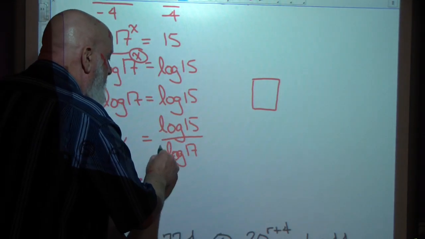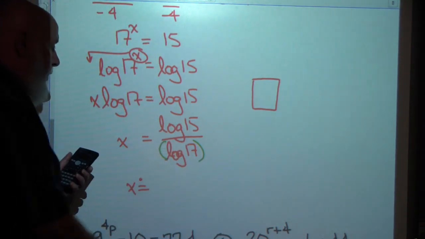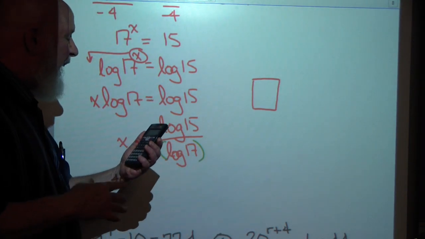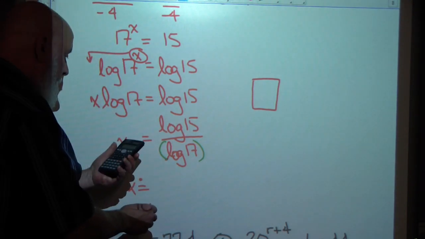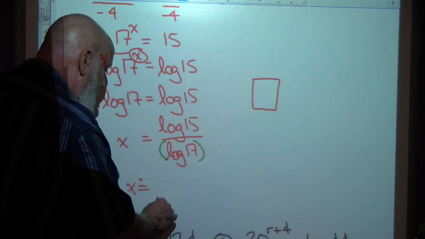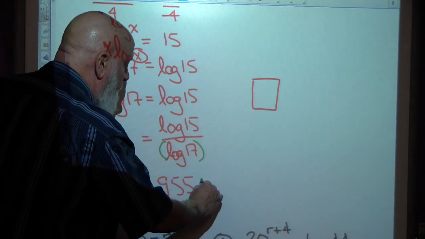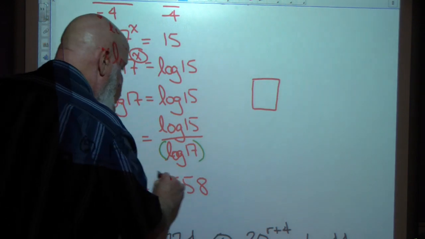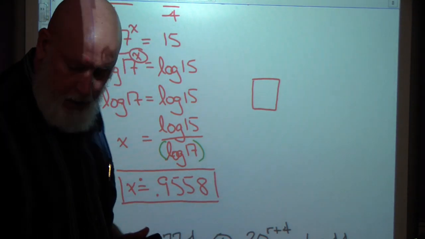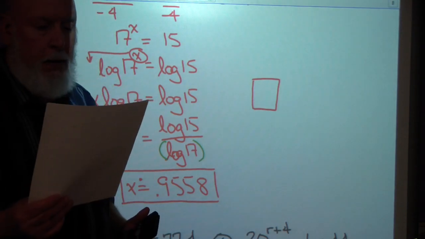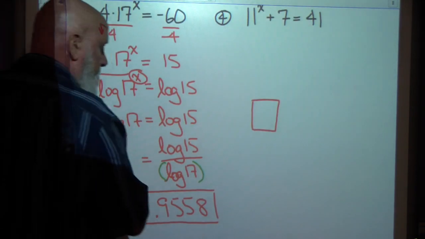But it's a good idea to go ahead and put your denominator in parentheses when you're evaluating. That way your calculator can't misinterpret what you're trying to ask it to do. So this would be 0.9558 if I haven't made any mistakes. And let me check my answer and see if that's correct. Yay! Alrighty, let's take a look at another one.